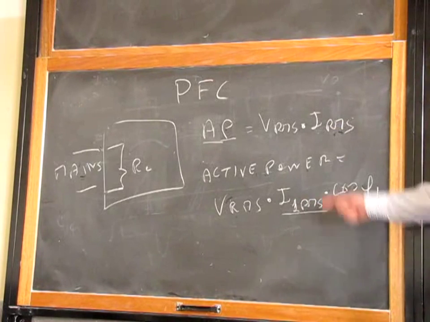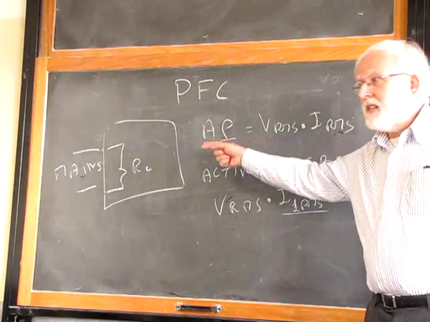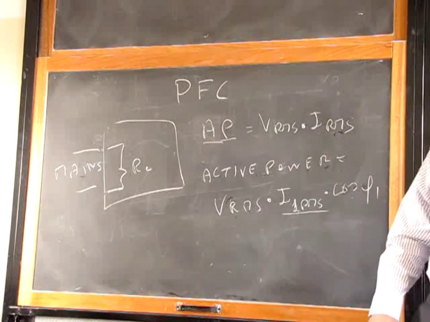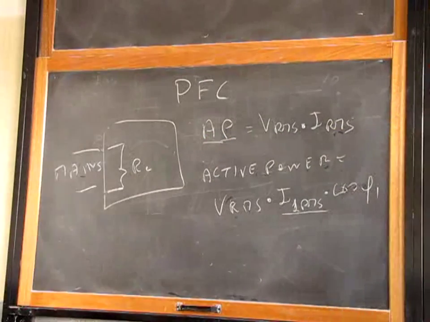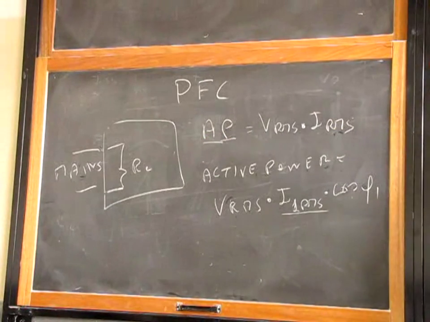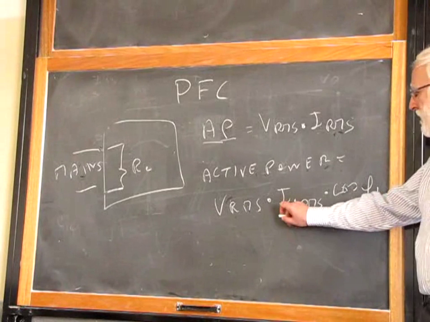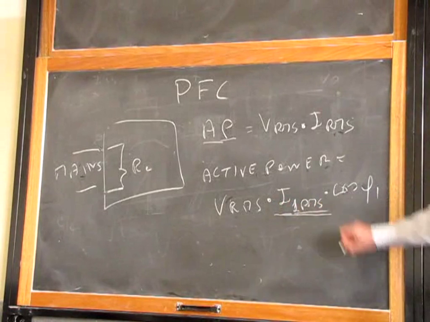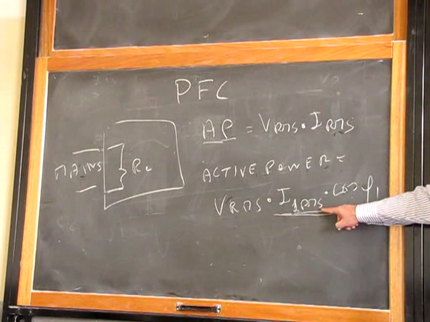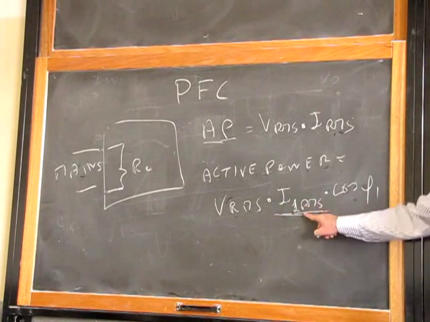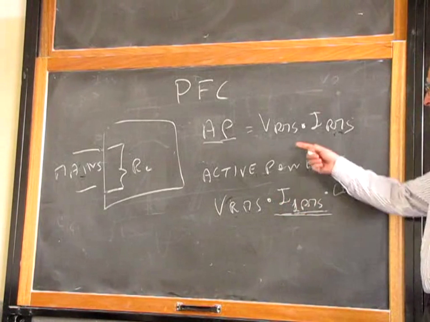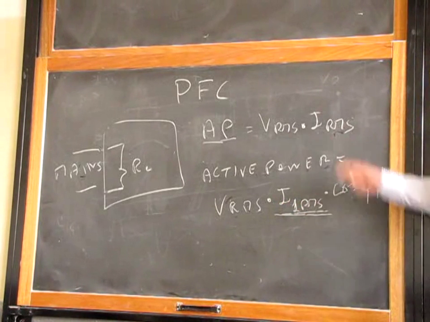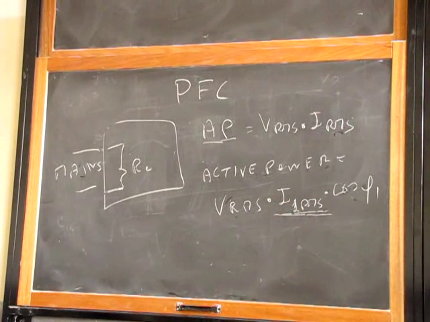The ratio between the active power and the apparent power is the power factor. And the power factor is composed of this displacement factor, cosine phi1, and this distortion factor. The distortion factor is I1 RMS over I RMS.